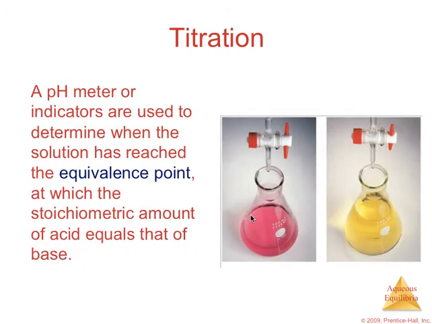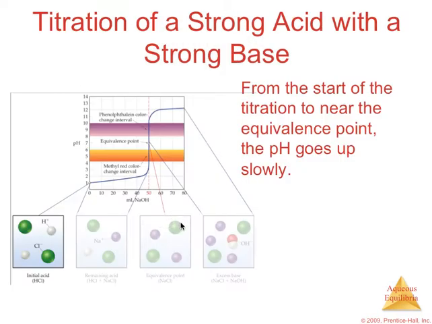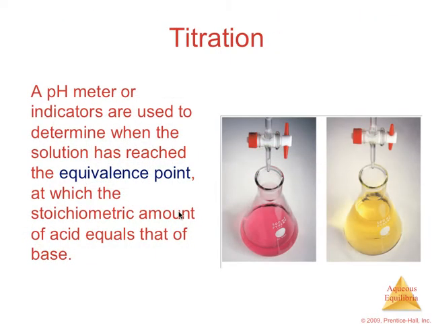Okay. So a pH meter or indicators are used to determine when the solution has reached its equivalence point. And that is the point, again, at which the stoichiometric amount of acid equals that of base. What this means really is the moles of hydronium is equal to the moles of hydroxide.